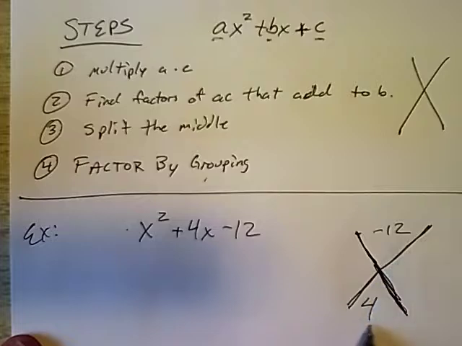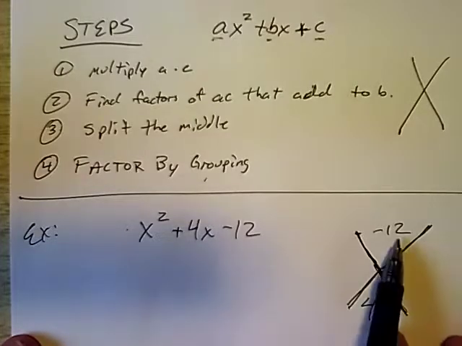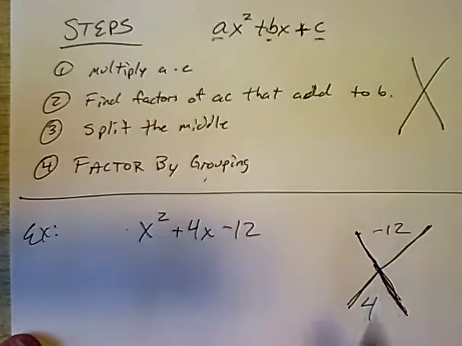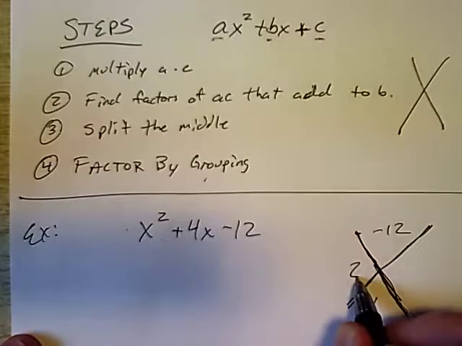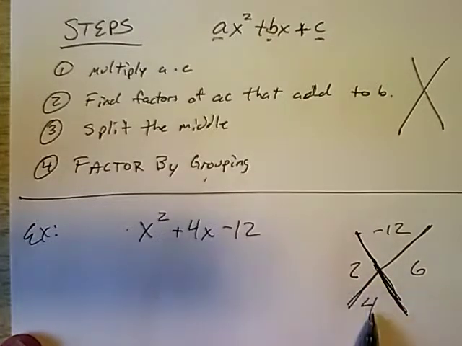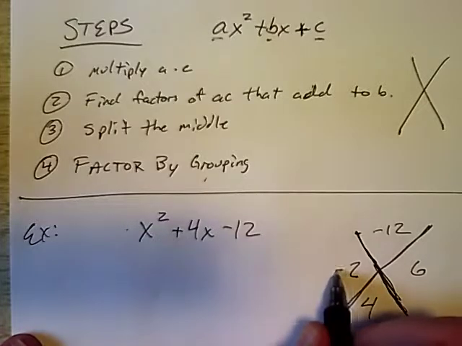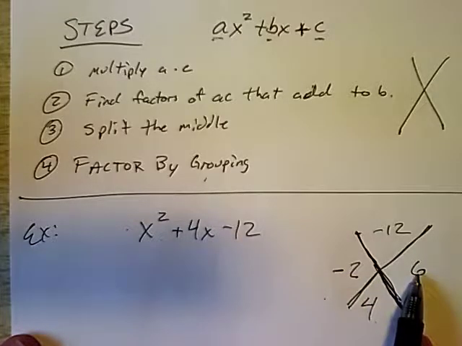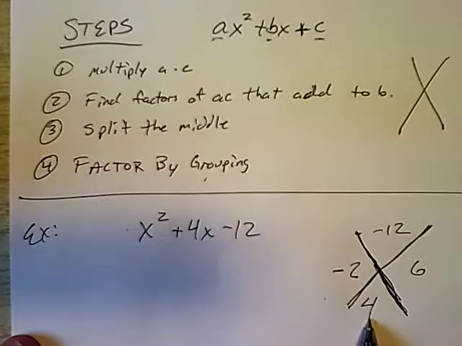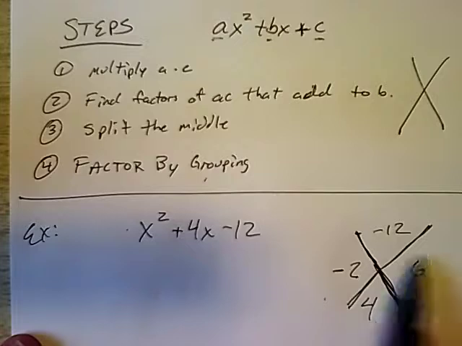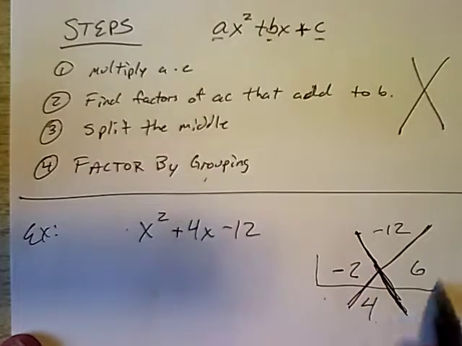Well, 1 and 12 are not going to get me to 4. 2 and 6, however, will. So if I have a positive 2 and a negative 6, then I'd have a negative 4. But if I have a negative 2 and a positive 6, negative 2 plus 6 is 4. All right, so that's the game that you have to play.